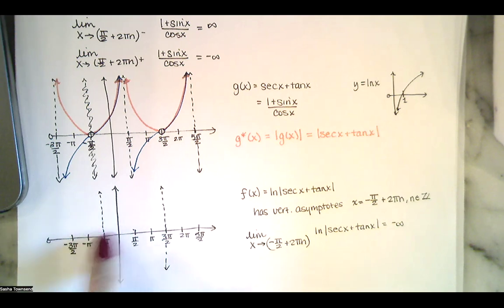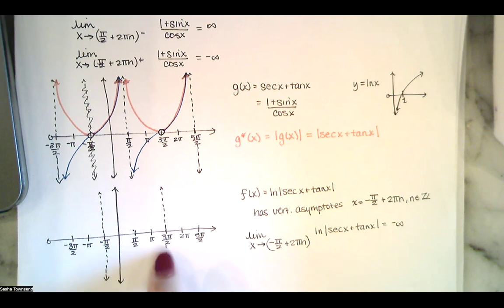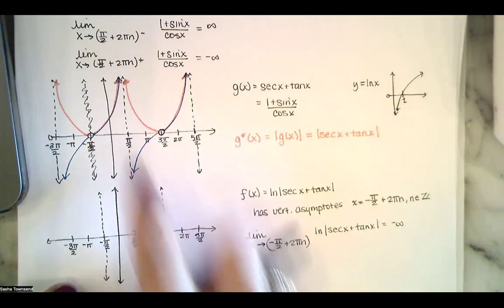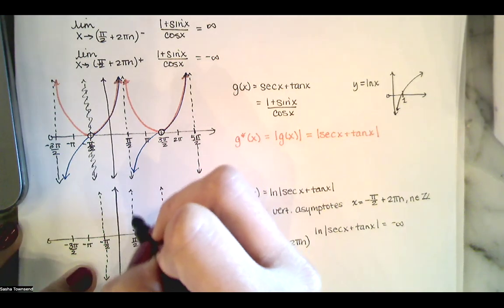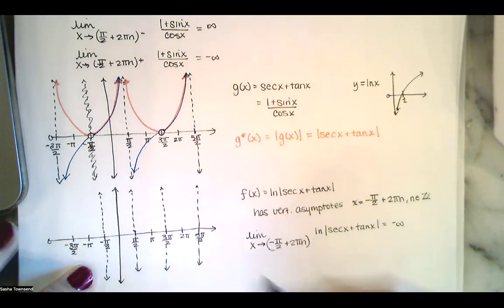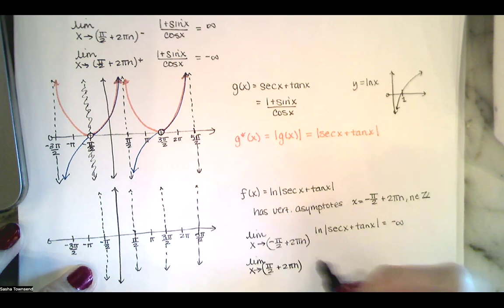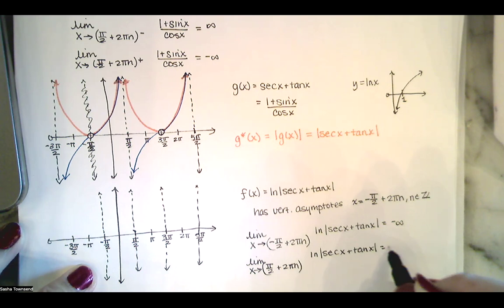So the y values should go to negative infinity on either side here and here. And then as we approach the asymptotes of the secant of x plus tangent of x, we're taking the log of a very large positive number. So the limit as x goes to pi over 2 plus 2 pi n of our function should be positive.